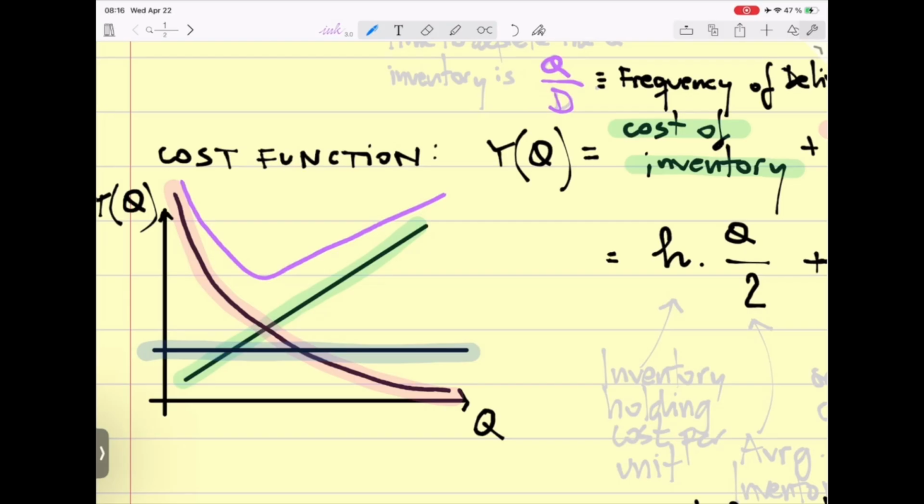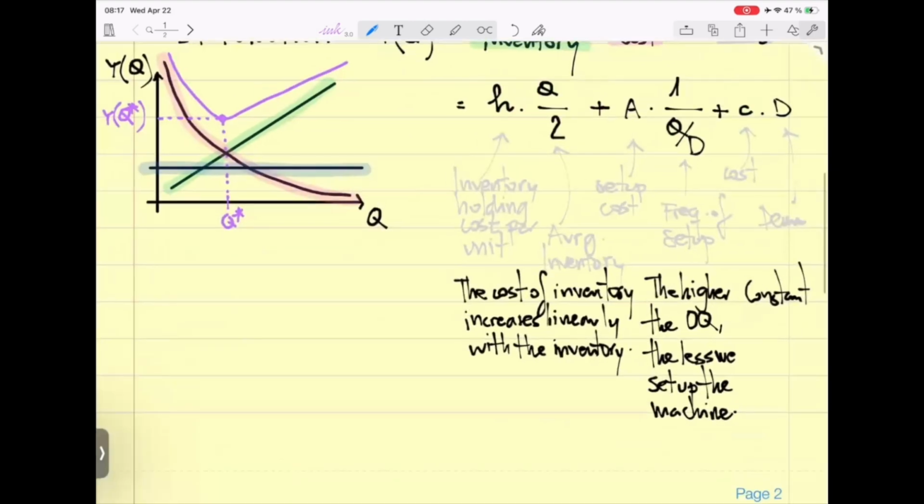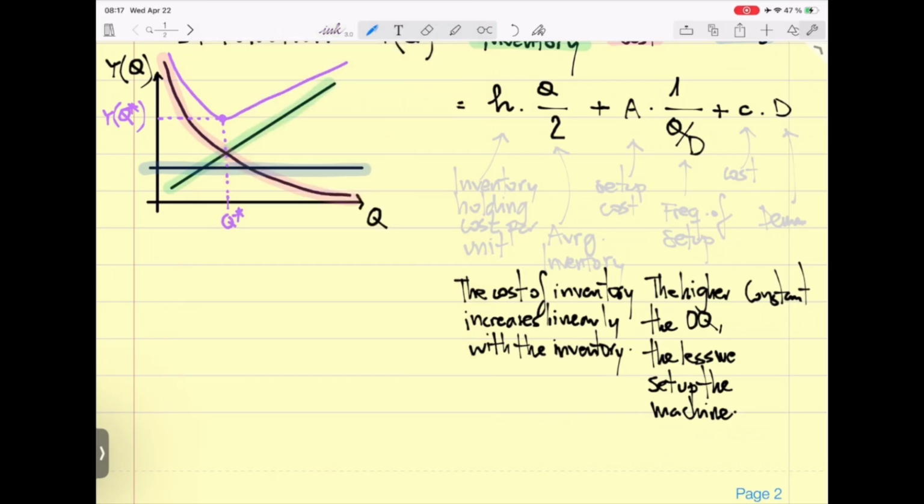We are looking for the most economic order quantity, so the minimum of this function is going to be achieved at Q star, and the cost related to this Q star is epsilon of Q star.